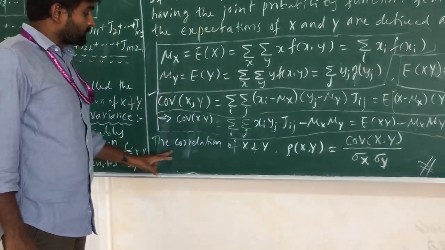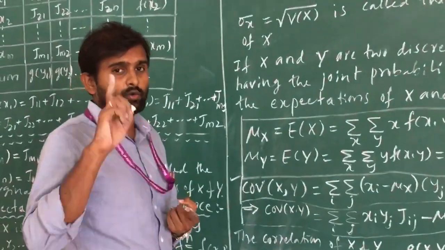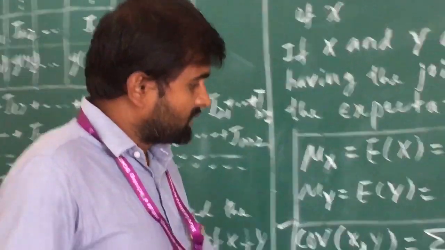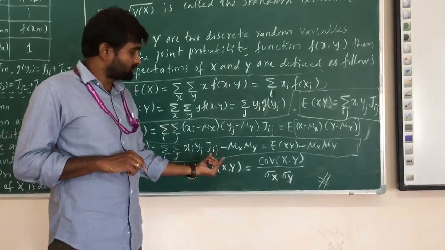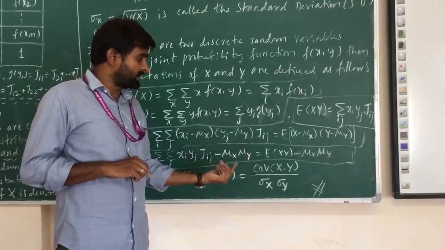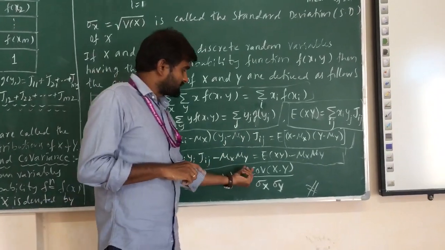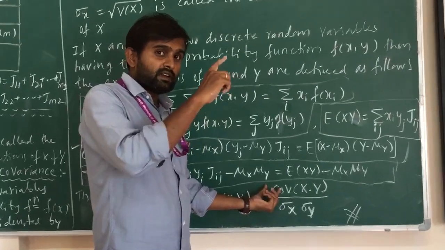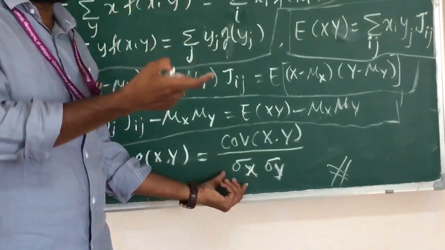Then the correlation. For a single x we have rho of x equal to the variance divided by delta x delta y. In the previous class we did delta x square plus delta y square minus delta of (x minus y) square, divided by delta x delta y.